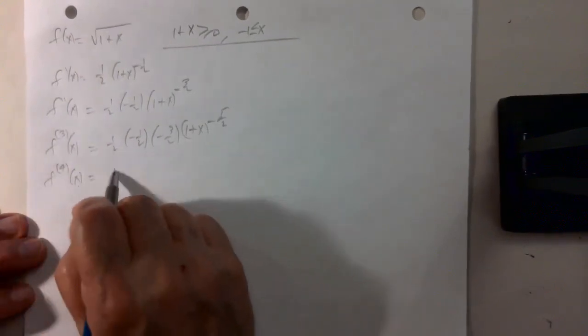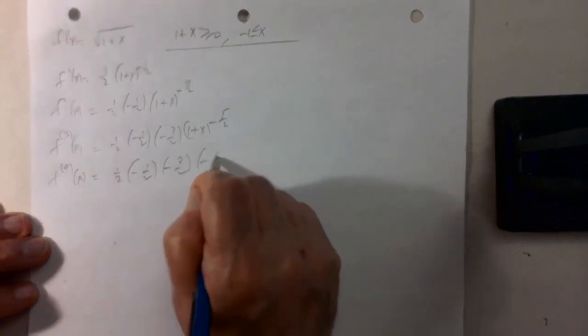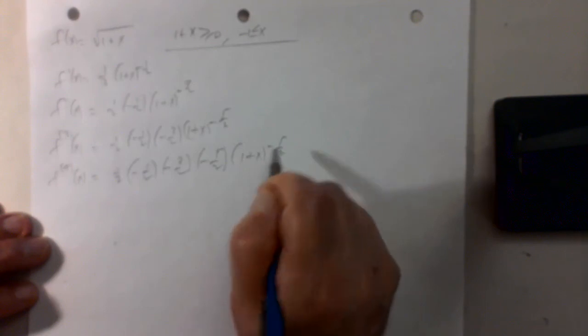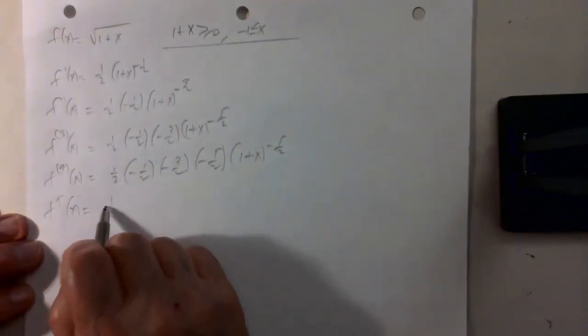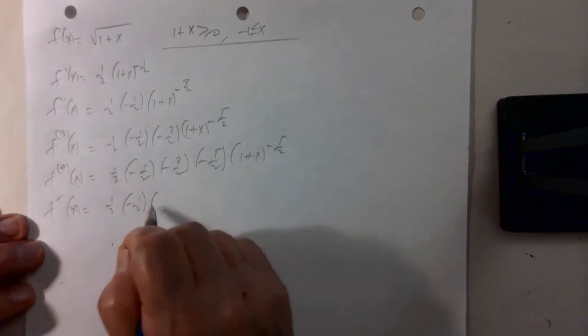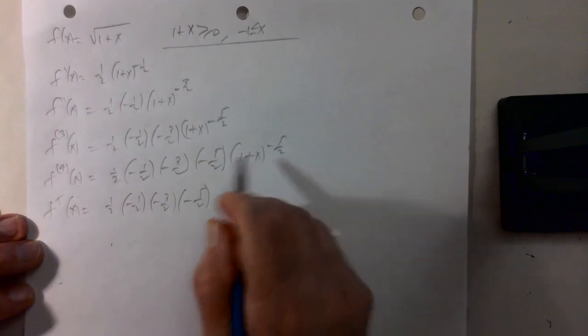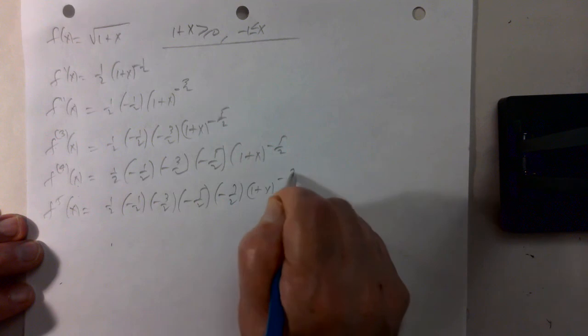The fourth derivative is 1/2 times minus 1/2 times minus 3/2 times minus 5/2 times 1 plus x to the minus 7/2. This is fun. The fifth derivative is 1/2 times minus 1/2 times minus 3/2 times minus 5/2 times minus 7/2 times 1 plus x to the minus 9/2.